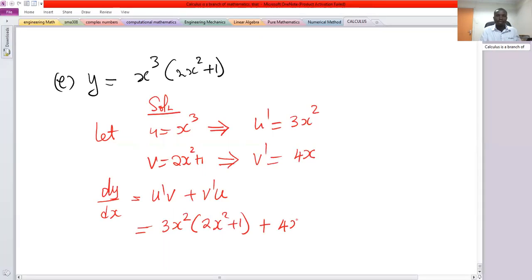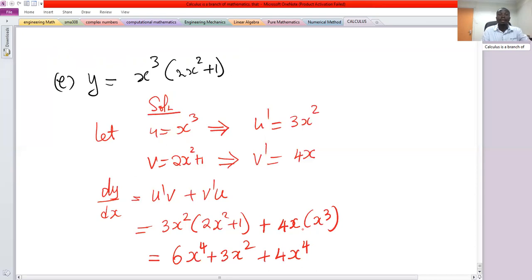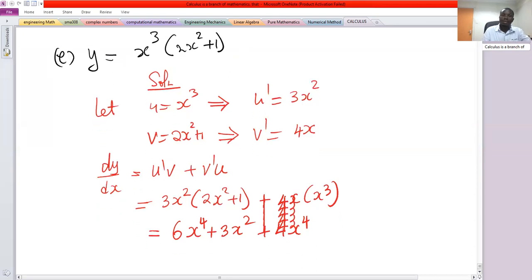Then opening the brackets, then plus 4x power 4, and then 6x power 4 plus 4x power 4 is 10x power 4.